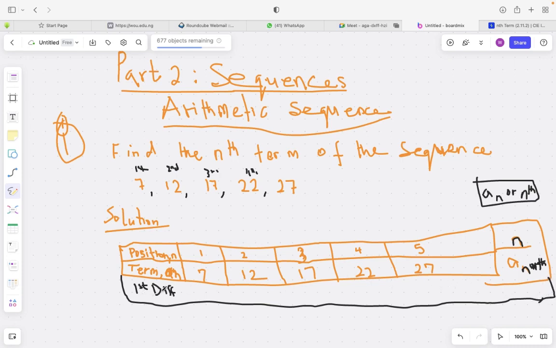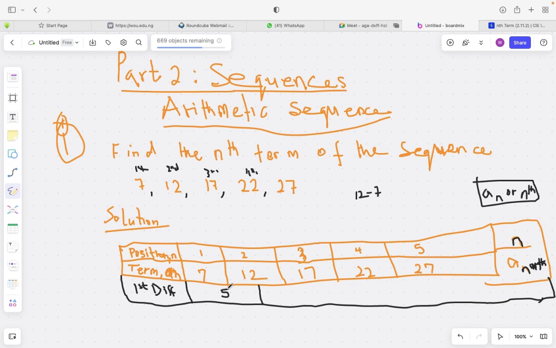But if we find the difference between the second and the first, that is second minus first, so 12 minus 7, which gives us positive 5.